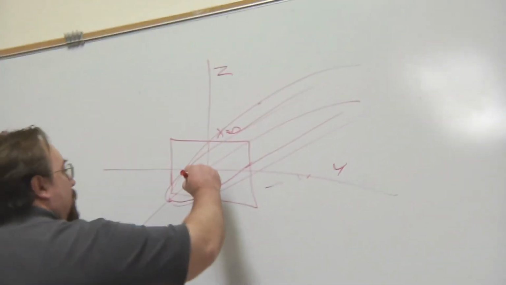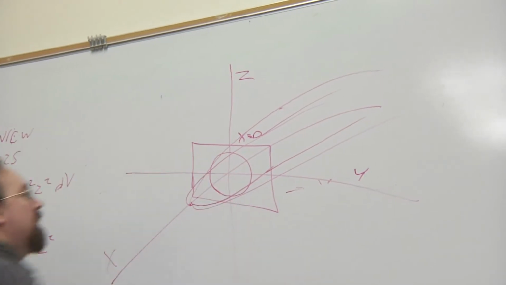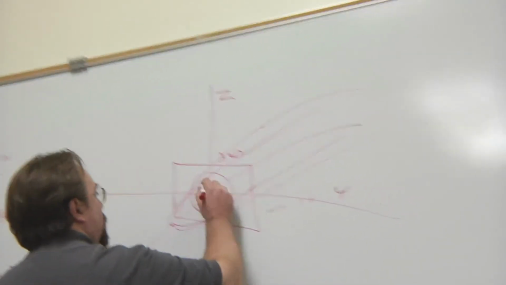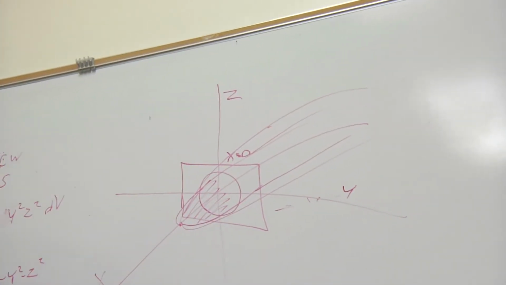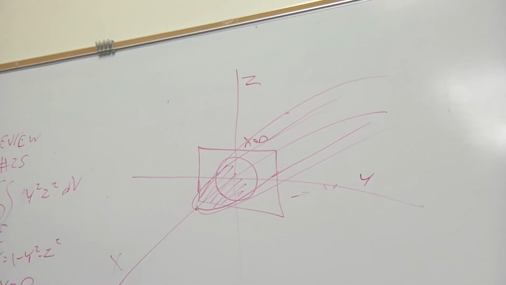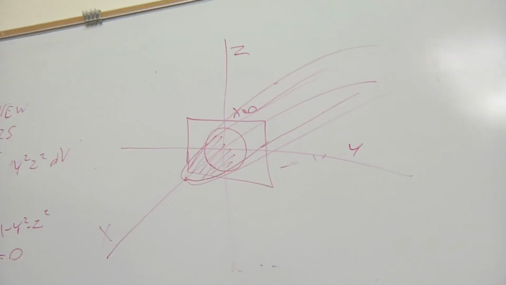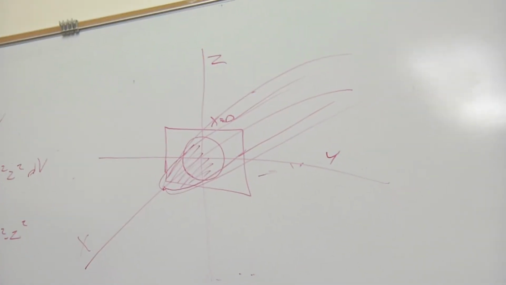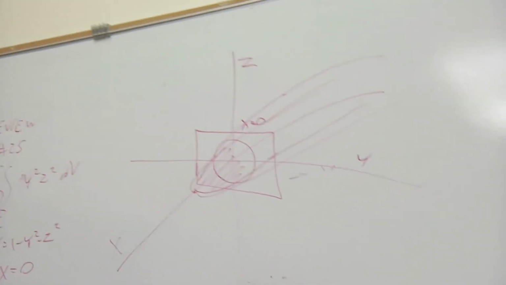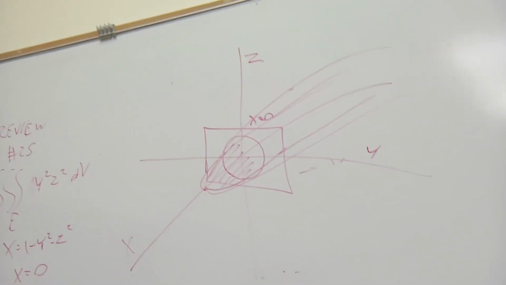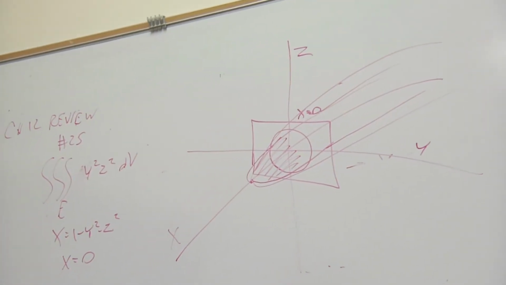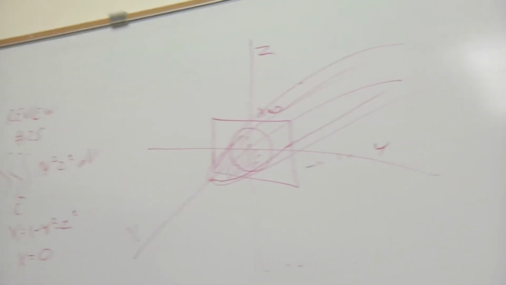So it's this portion right here. So the fingertip, if you will, of a steadily growing in width finger, going all the way back. Like a cheese finger. Yeah, okay, we'll go with that, I guess. And that's the solid that we're integrating over.